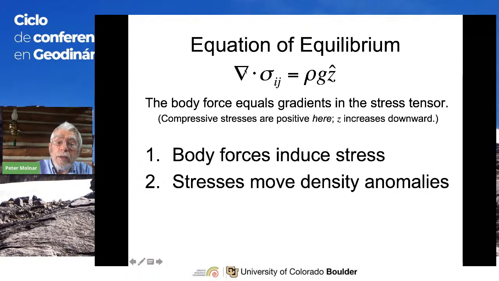But then you have stresses that you've created to do this. These stresses can do work, they can move density anomalies. And so there's a balance here. This is an equilibrium state, but it doesn't necessarily stay the same forever. You can get movement because of stress. You can move the body force, change the body force by changing the density anomalies in places.